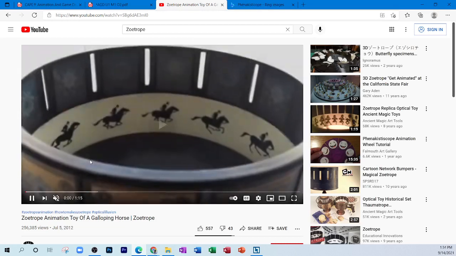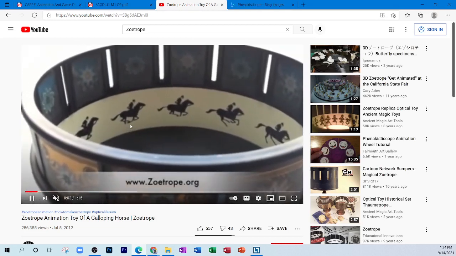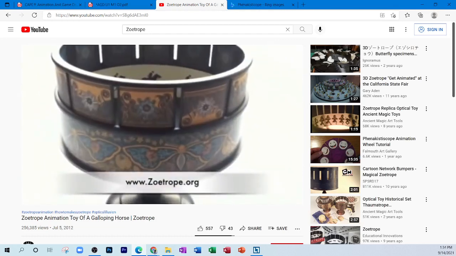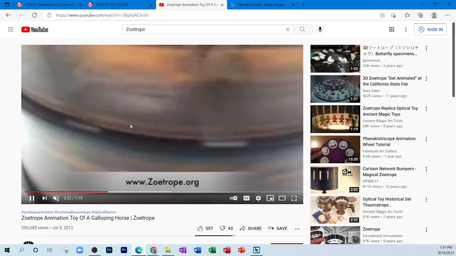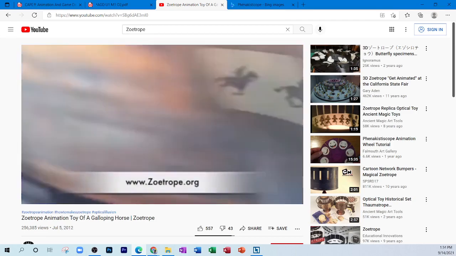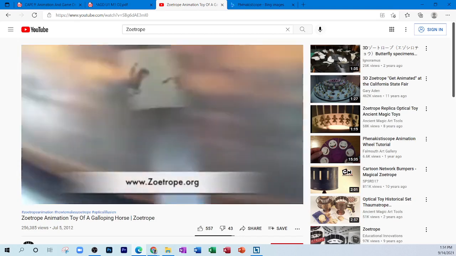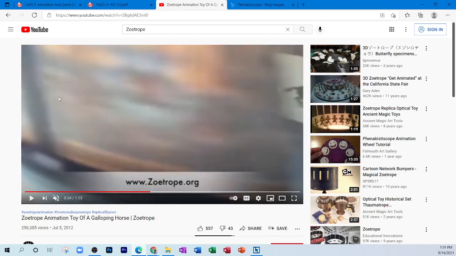No. So basically what happens is that, I'm not sure why, but for most of these animations with these moving images, something has to be in front of the image and move across the screen to actually give you that perception of motion.